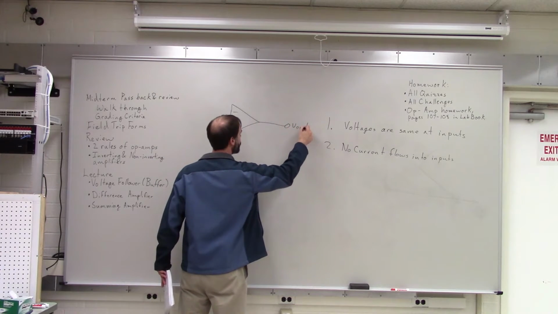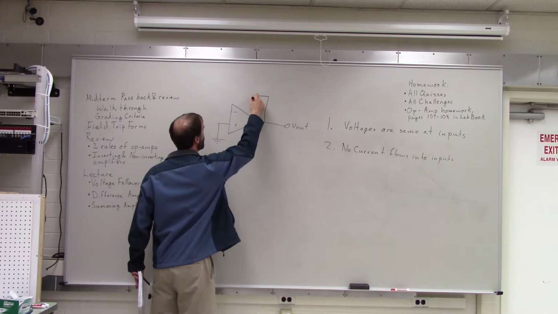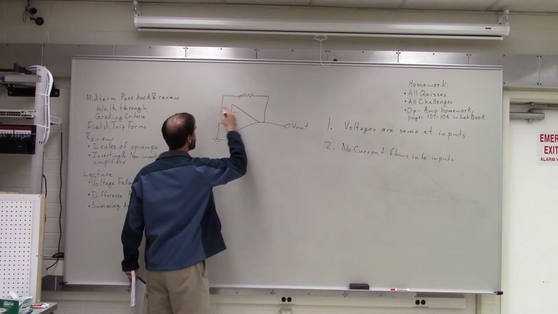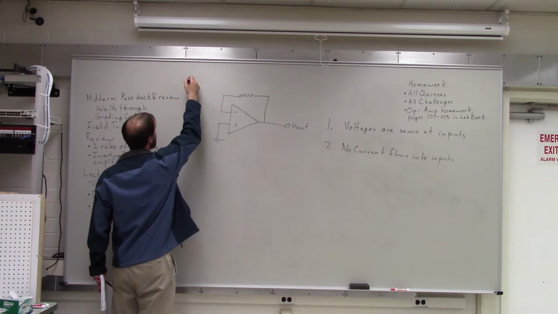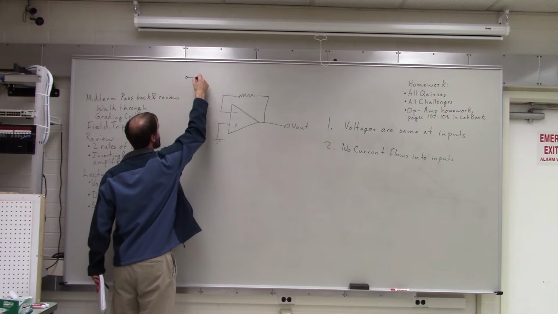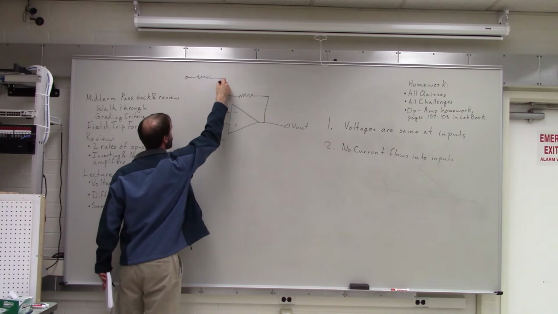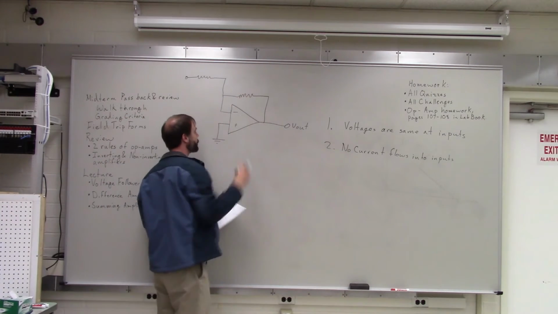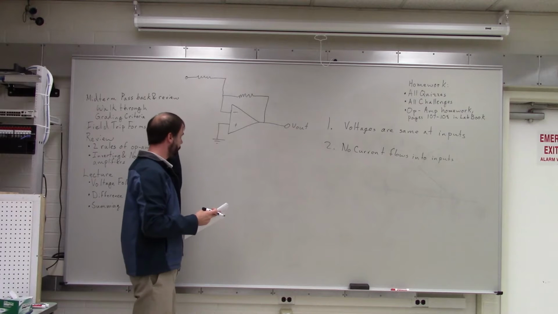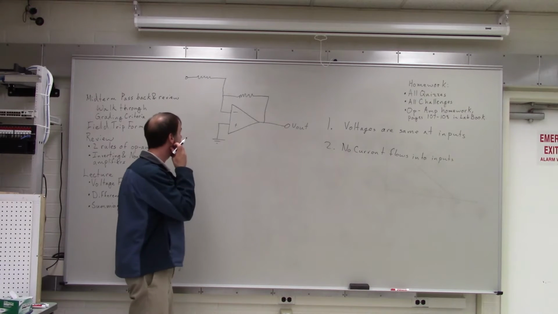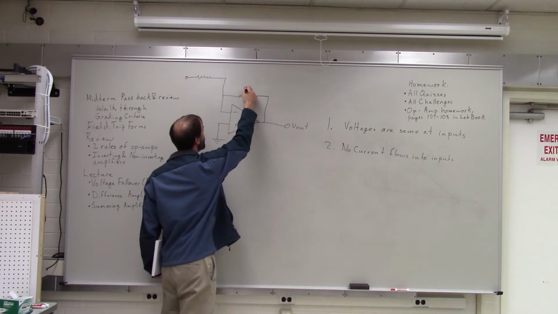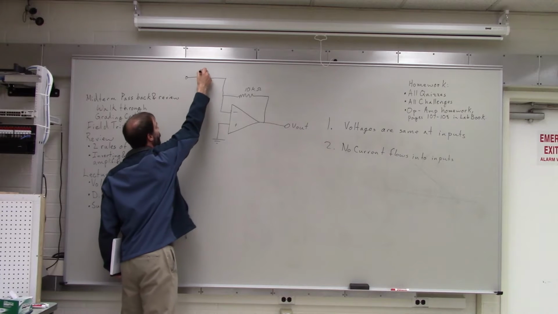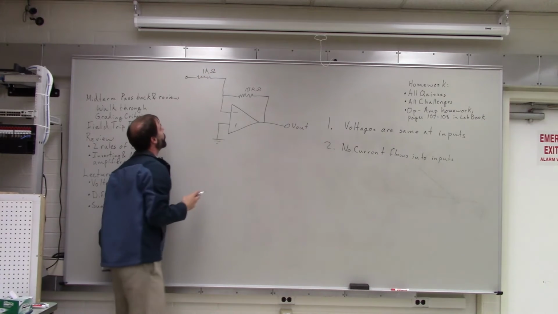Got our output here, and then we have a feedback resistor. And then we have an input resistor. Okay, so let's say that this was a 10 kilo ohm resistor, and this was a 1 kilo ohm resistor.